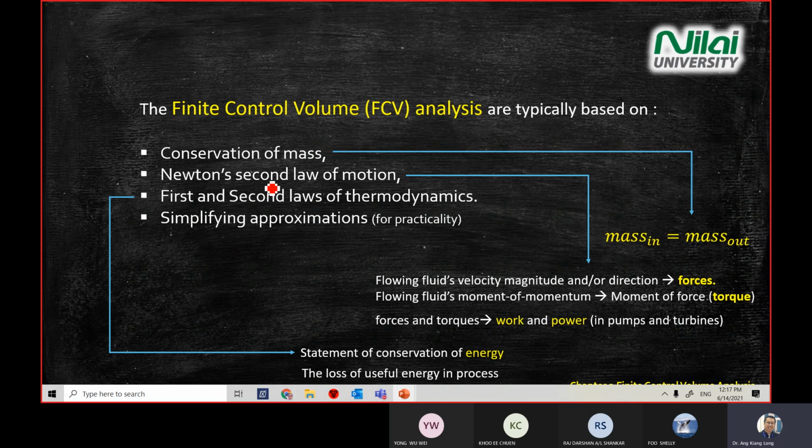Then after that, we will look at the same FCV problems, but using second Newton law equation. Then we will follow with the third approach, using thermodynamics law. And maybe the last one will be using approximate approach for FCV. So for control volume analysis, you have 4 methods to solve problems.